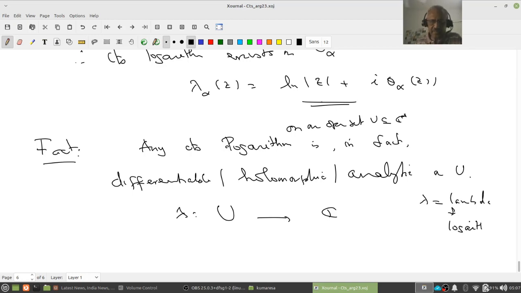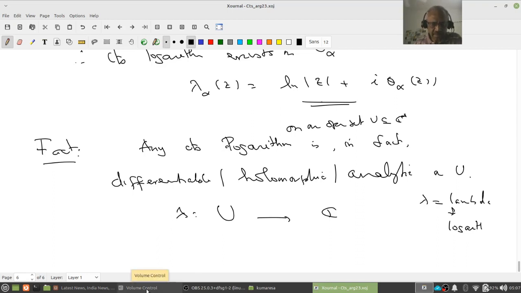That is why I call it lambda. Maybe one can also denote it by capital Lambda. This is a fact. There is a direct proof. In my book I have given a proof, maybe elsewhere, but the proof which I remember is after the inverse function theorem for holomorphic functions. But there is a direct proof. I am not sure whether I have given it in my book, but I will give it in one of the lectures later.